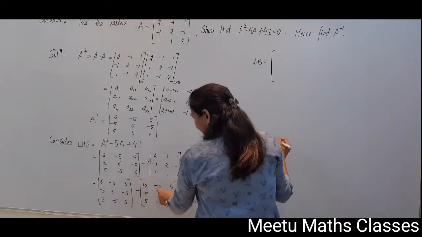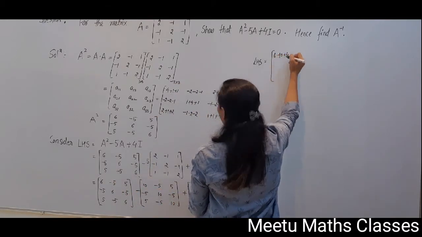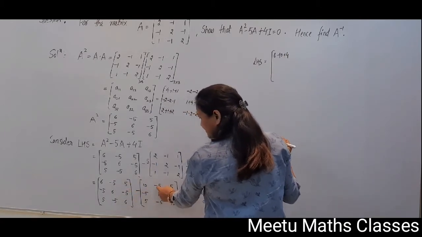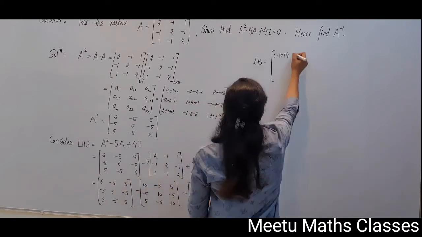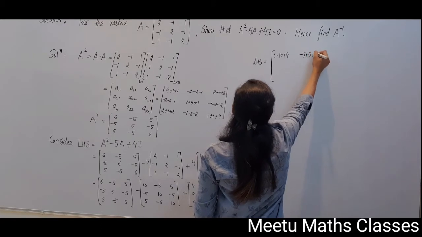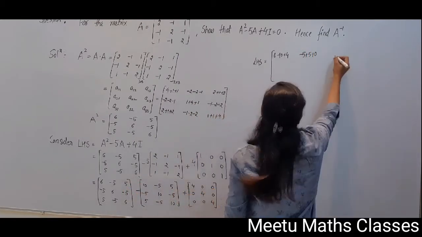6 minus 10 plus 4, 6 minus 10 plus 4. Minus 5 plus minus minus plus, minus 5 plus 5 plus 0. Minus 5 plus 5 plus 0. Then 5 minus 5 plus 0.